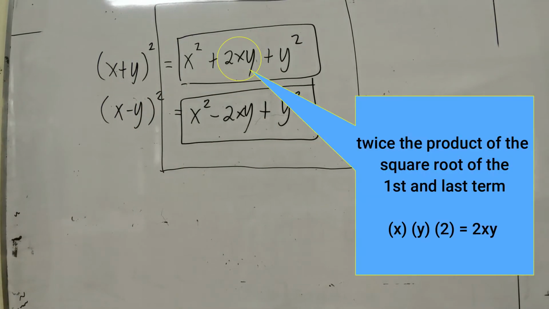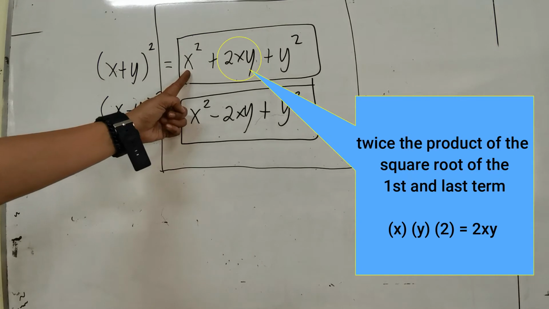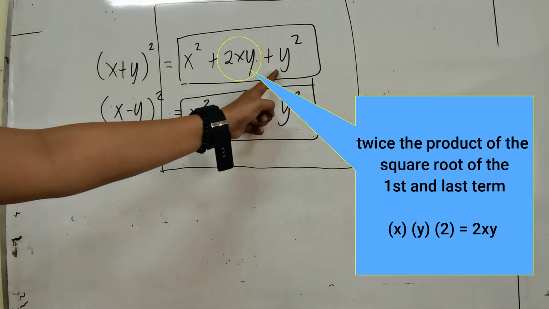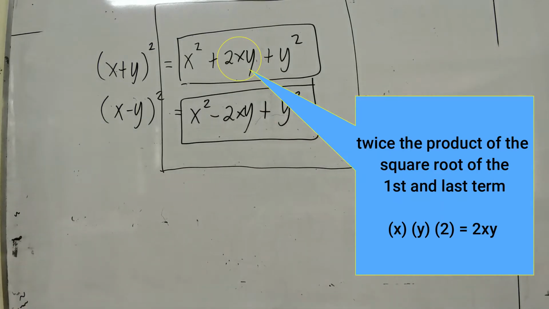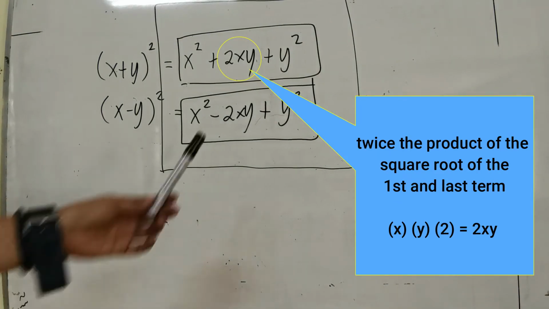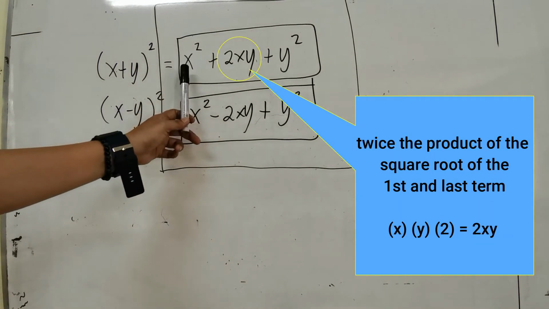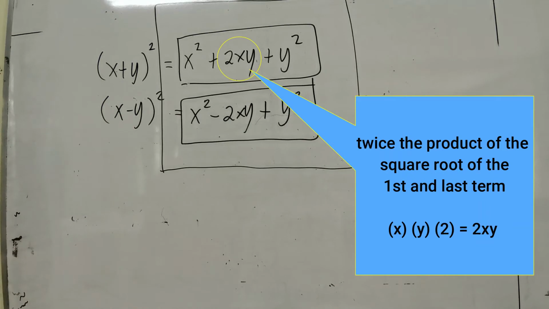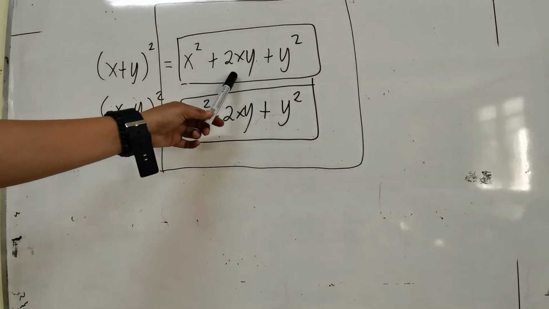And then, pangalawa, take note na kapag kinuha natin ang square root ng first term at ng last term at minultiply natin siya sa 2, ang sagot ay yung middle term. So, halimbawa, square root ng x squared ay x, square root ng y squared ay y, so that is xy, then twice it, that is 2xy.